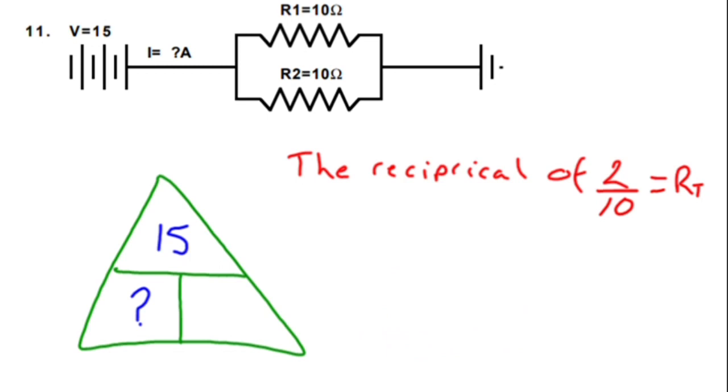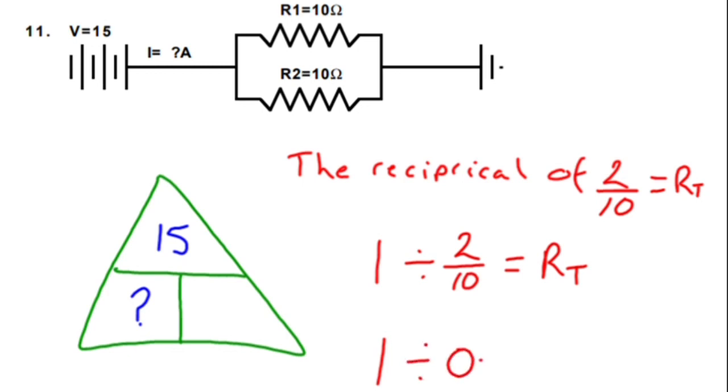So if I take 1 and divide it by our number, I will find the reciprocal of that number, which in our case is 1 divided by 2 over 10, which will show us the total resistance. Now 2 over 10, or 2/10, can be written as a decimal number as 0.2. So 1 divided by 0.2 will equal our total resistance.